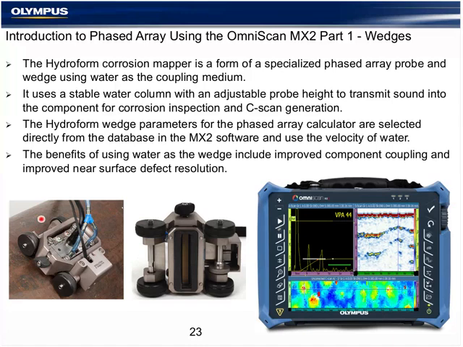The benefits of a water wedge are very good near surface resolution, my ability to detect flaws near the surface. It also allows us to walk or move the scanner over a contoured or rough surface, and as long as the water is retained, the signal is very good.